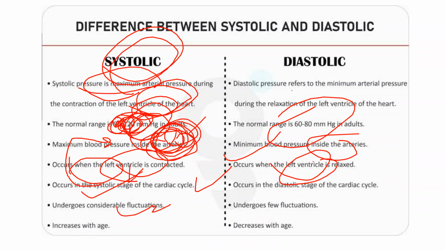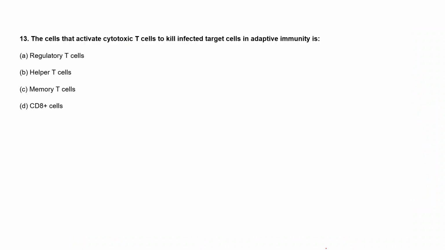Opposite to that, when the left ventricle is relaxed, the minimum blood pressure present inside the arteries is the diastolic pressure, and it occurs in the diastolic stage when the heart is at rest, and normally it decreases with age.